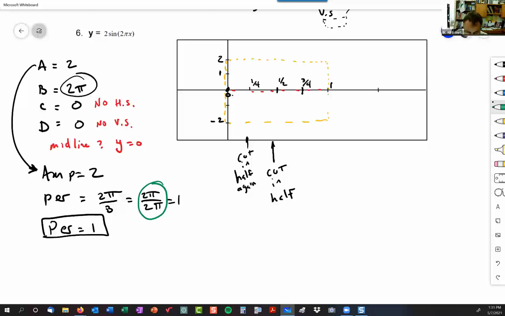And lastly, we need a sine wave. So we've got the quarter marks plus the beginning. And where does the sine wave begin? You need your 5 target points.